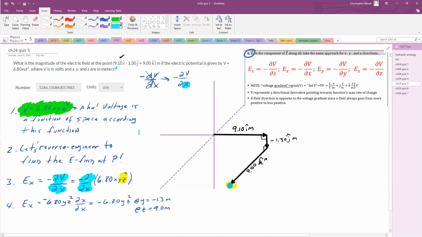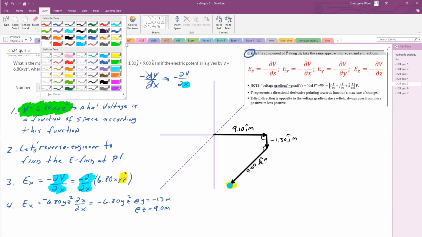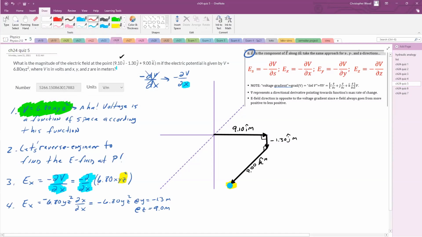And in the case of partial derivatives, we're basically just saying, hey, all I care about is how things are changing with respect to x. So if all I care about is how things are changing with respect to x, this is considered a constant and this is considered a constant. And that's how I go from step 3 to step 4.